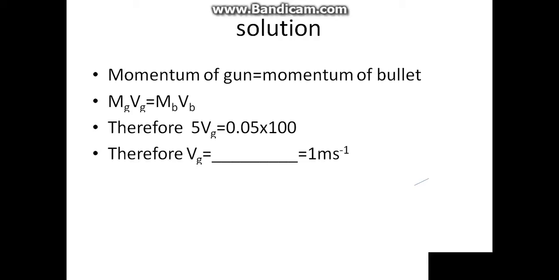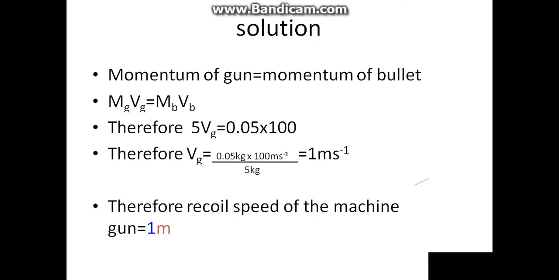Making vg, the velocity of the gun, the subject of the formula, we have vg equals 0.05 kilogram times 100 meters per second all over 5 kilogram, which will give us 1 meter per second. Therefore, the recoil speed of the machine gun is 1 meter per second.